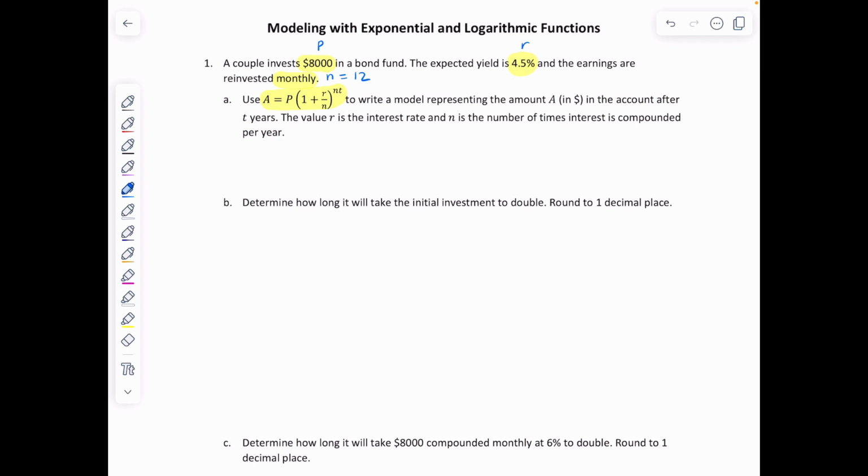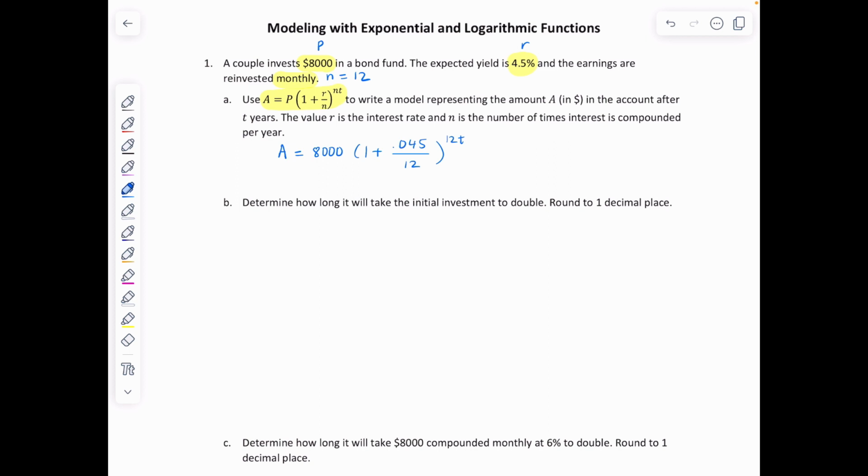So we're going to plug all the values in to calculate the balance in the account, which is A, after T years. So that's 8,000 times 1 plus, R is 4.5%, but we must convert to a decimal number, which is 0.045. Divide by N is 12, to the 12 times T.